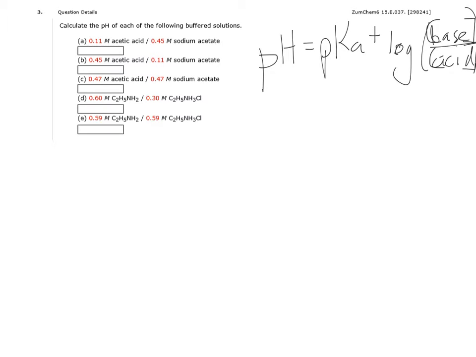If you look at parts A, B, and C, we have a weak acid, acetic acid, and a salt that contains an ion common to that acid when it dissociates. That is, the acetate ion, which is the conjugate base of the weak acid.